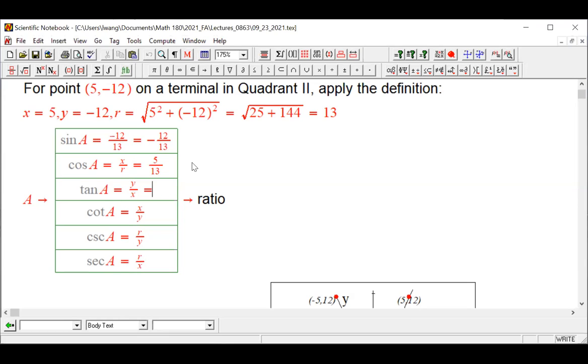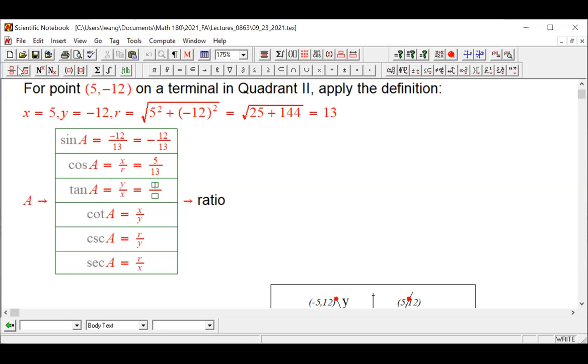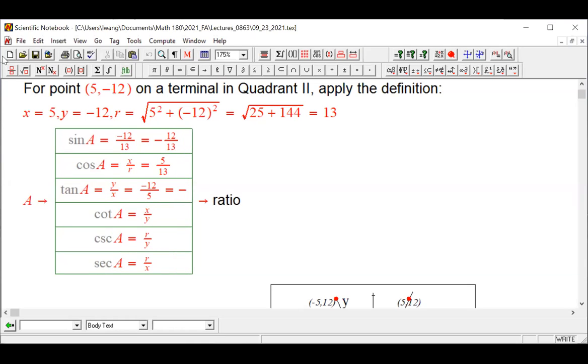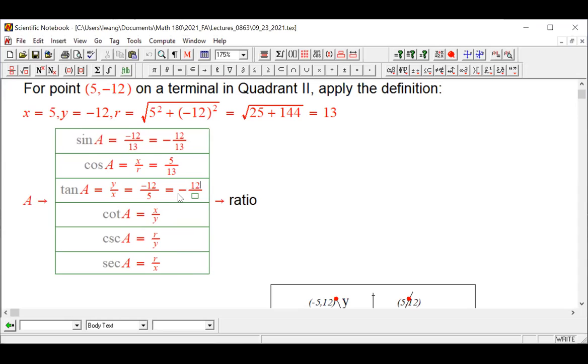Y over x, what is y over x? -12 over 5. So this is going to be -12 over 5. And x over y. So x is 5, y is -12, so that's going to be negative.